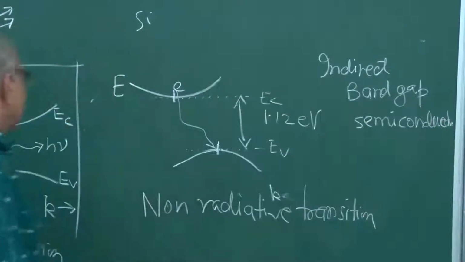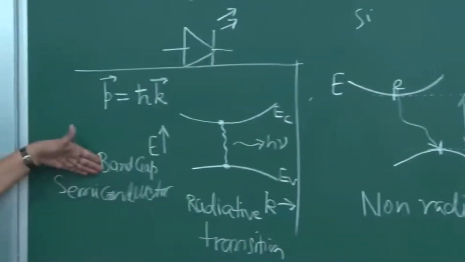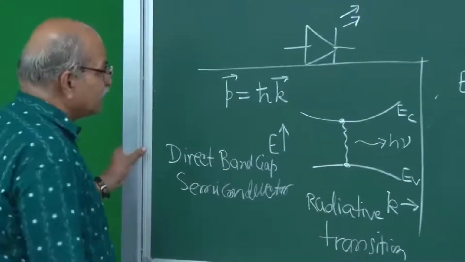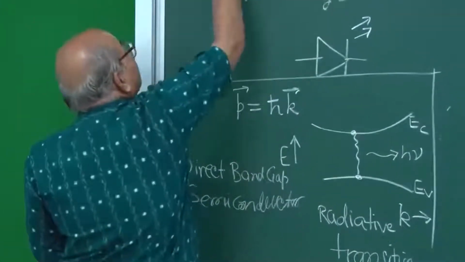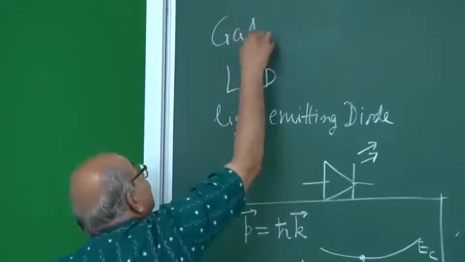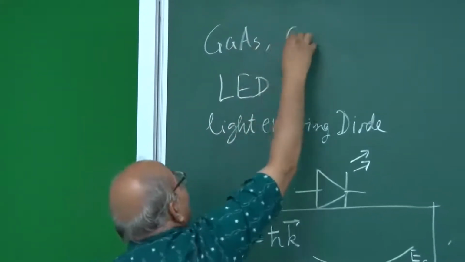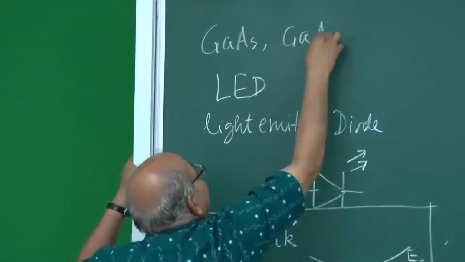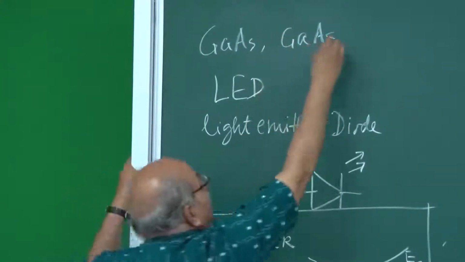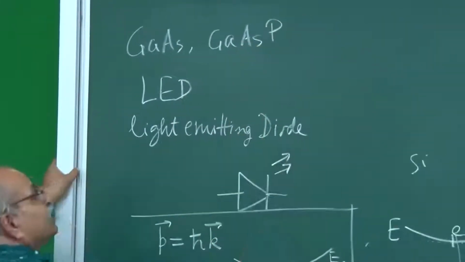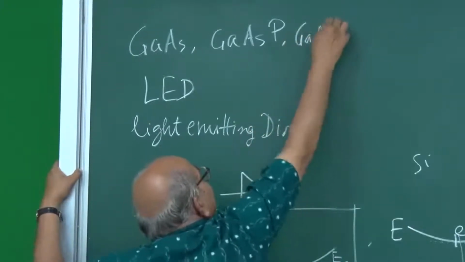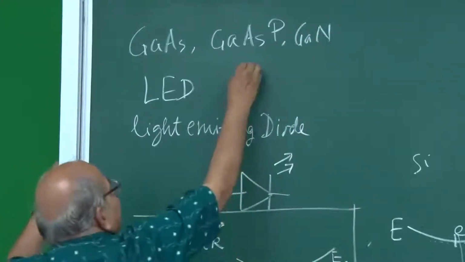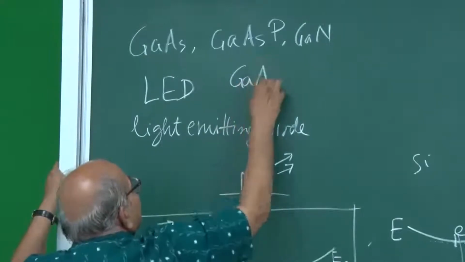For LEDs, you need direct band gap semiconductors, and the materials which are used are gallium arsenide, and you can put phosphorus here in certain proportion. You can have gallium nitride, you can have indium somewhere coming in.